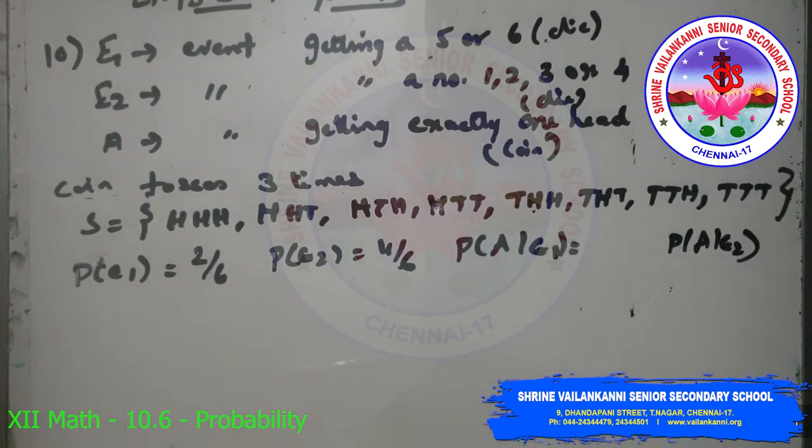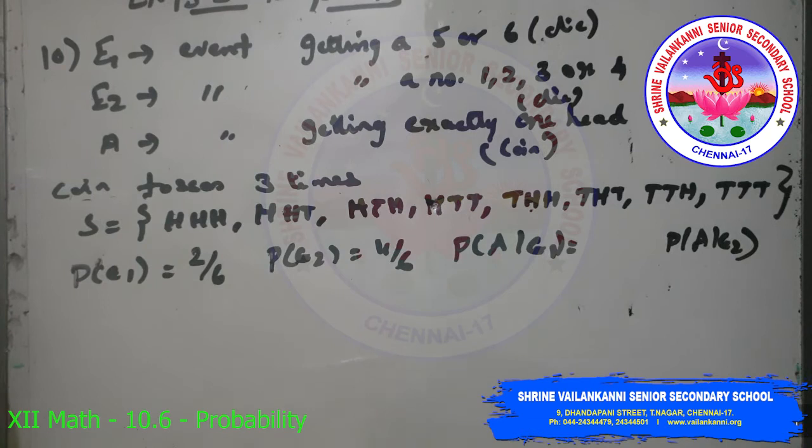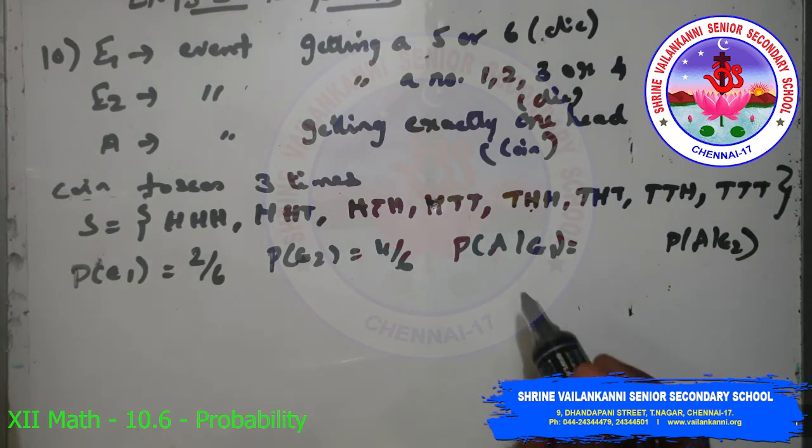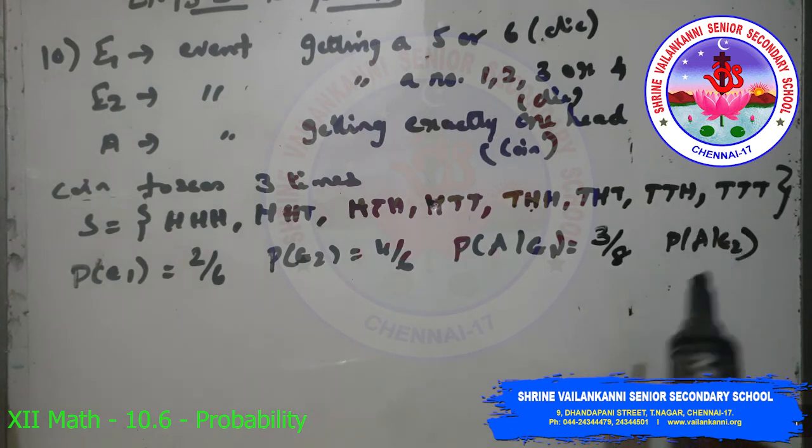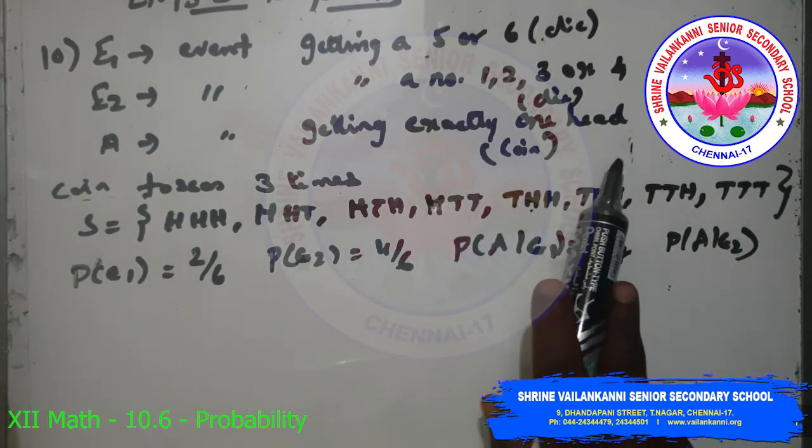So what is P of A by E1 and P of A by E2? So A is an event getting exactly one head on the coin. So P of A by E1 is 3 by 8, getting exactly one head.